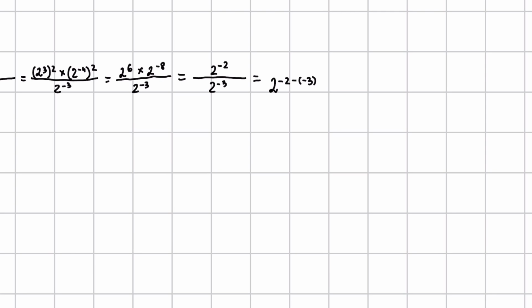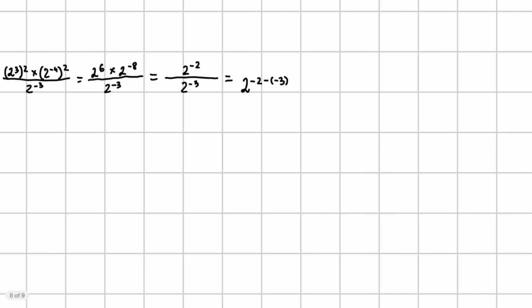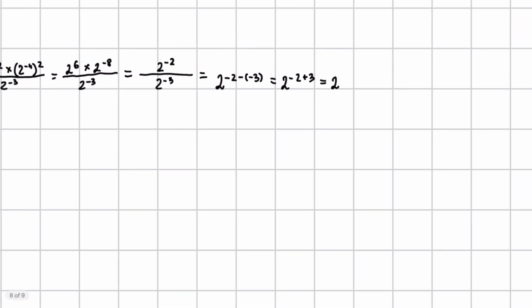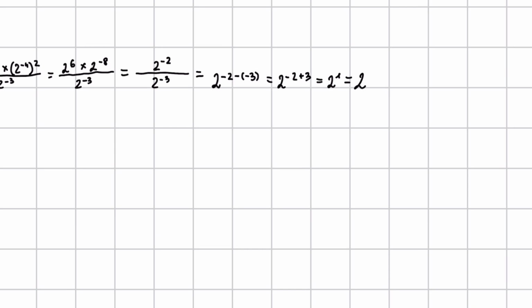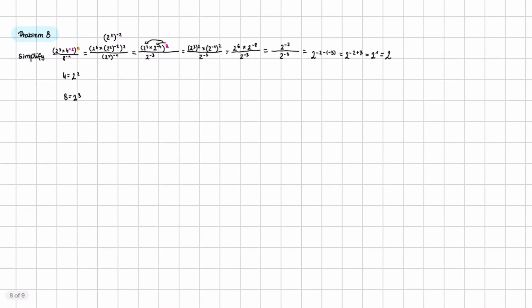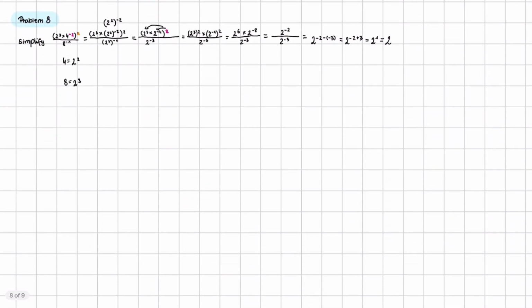If we have a fraction, we are subtracting the powers from the numerator, we are subtracting power from the denominator, and it is simply minus 2 plus 3, so it is 2 to the power of 1, so it is 2. So from our fraction, which seemed to be very complicated, we have just 2.